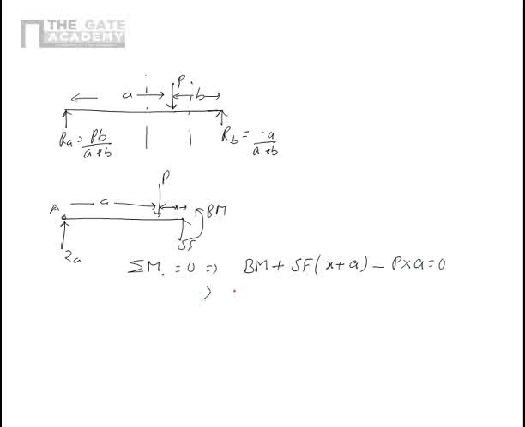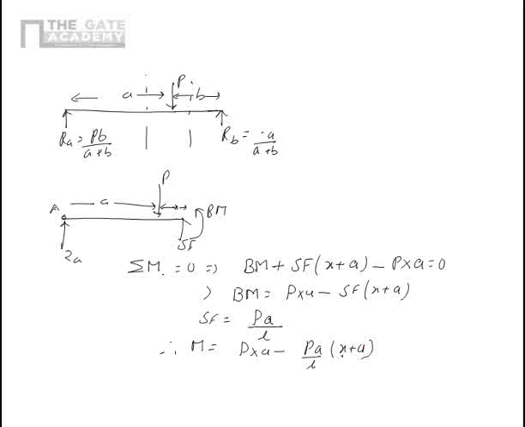So that will mean BM is equal to P into A minus SF into X plus A. Now SF for that particular section is equal to PA upon L. Hence the BM will be equal to P into A minus PA upon L into X plus A, which is nothing but PA into 1 minus X plus A upon L.